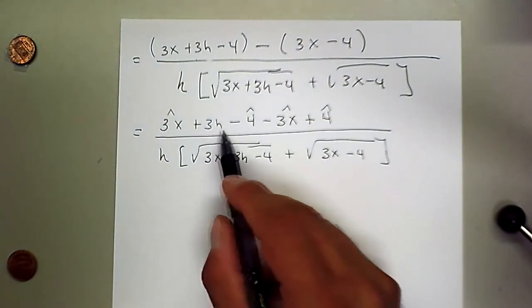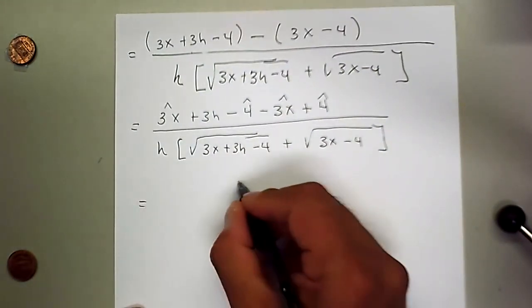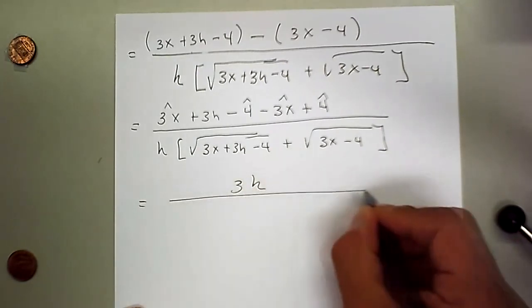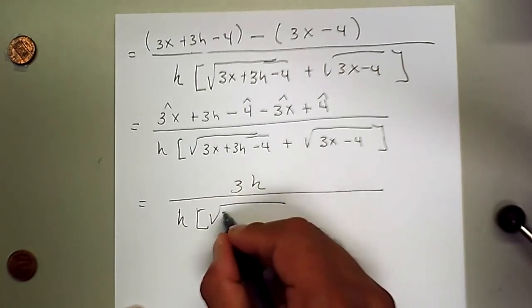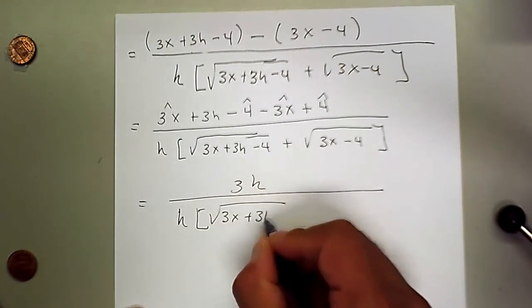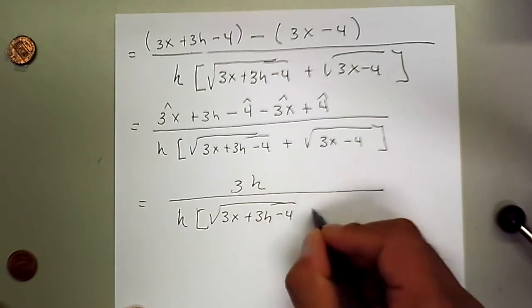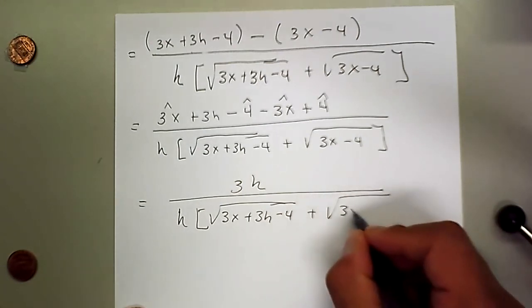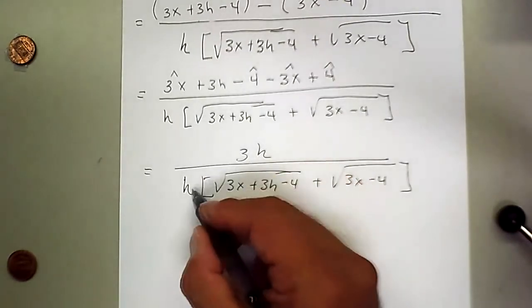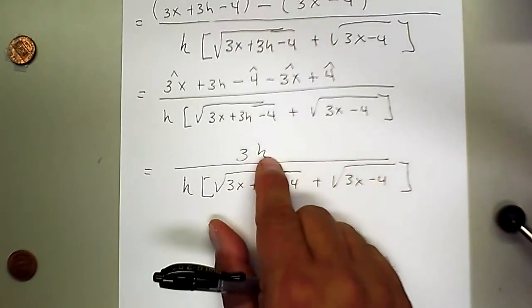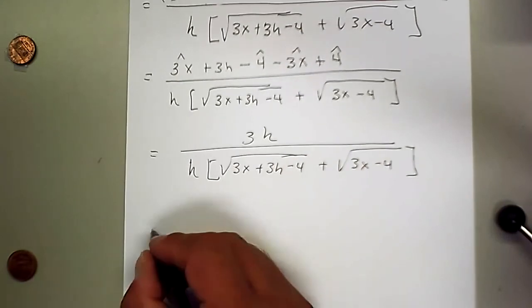So we have just 3h over h times the quantity square root of 3x plus 3h minus 4 plus square root of 3x minus 4, close the bracket. The h is simplified because we're multiplying by h to then divide by h.